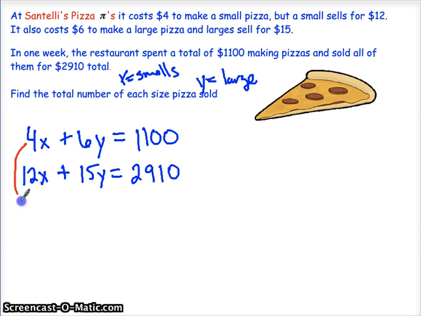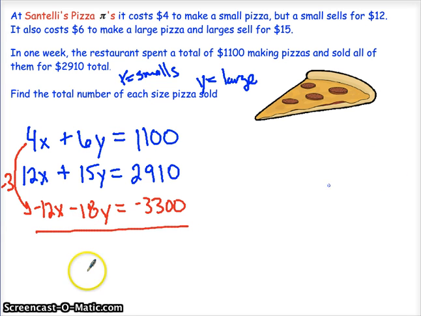In fact, if I multiply that first equation times -3, I'll end up with -12x, -18y, and -3,300. And if we add those together, 12x minus 12x disappears, 15 minus 18 is -3y, and 2910 minus 3,300 is technically -$390.